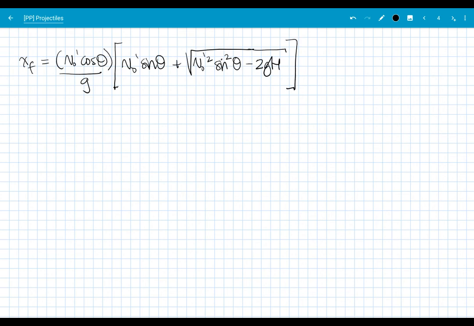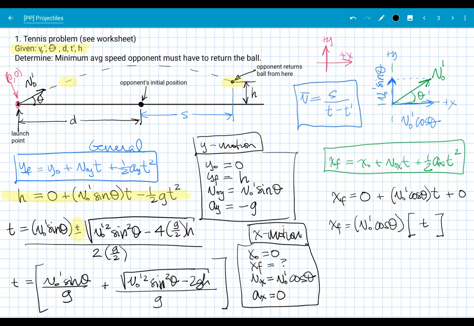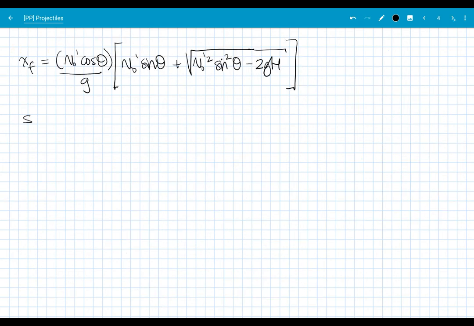Okay, so that's my x final. Now the distance that she has to run is going to be x minus d, which is this distance s that we came up with on the first page. So let me write that out. S is equal to x final minus d.